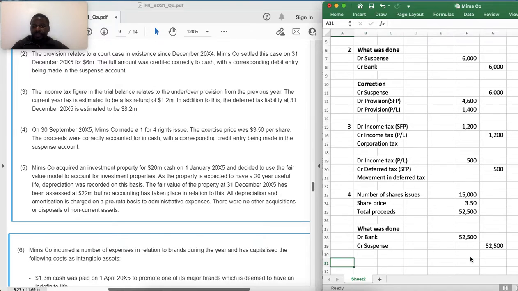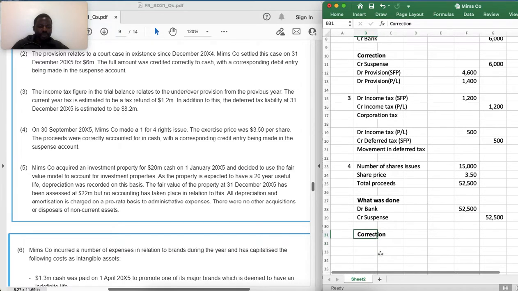Then now the correction. Now we need to correct. We are told that the bank is correct because the company received money of 52,500. Now for the correction, we need to debit the suspense account with that figure.